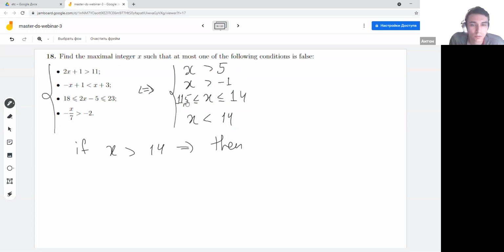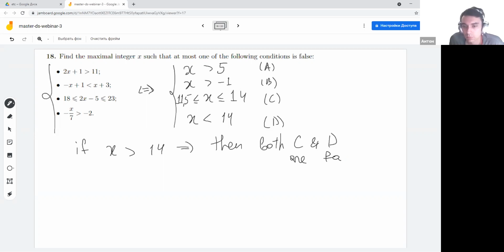Let me denote them with letters. Then both C and D are false. So x cannot be greater than 14, because we are allowed to violate only one condition, not more.